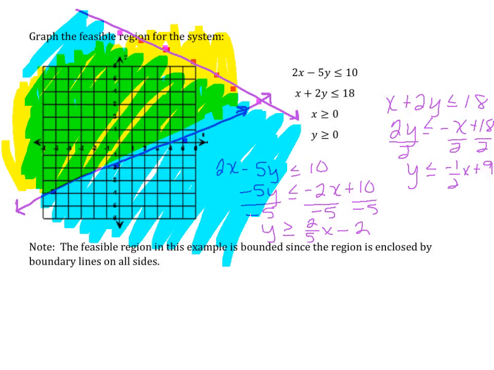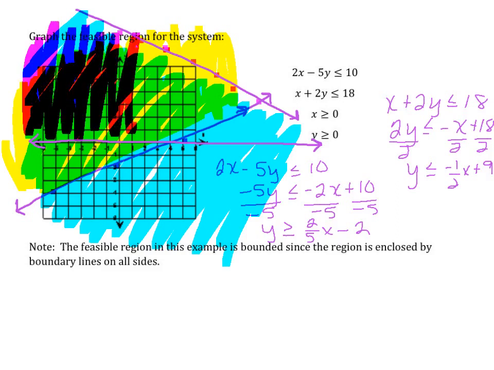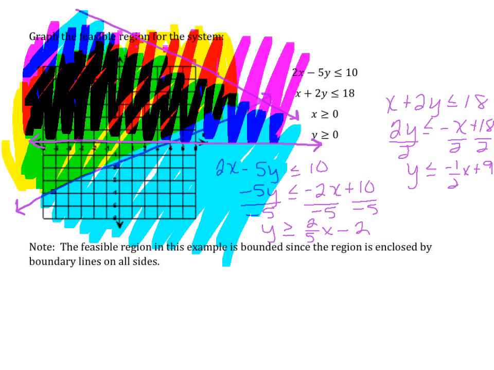But we also have the indication that x has to be greater than or equal to 0. So x has to be greater than or equal to 0. So we also have to shade above here. And y has to be greater than or equal to 0.